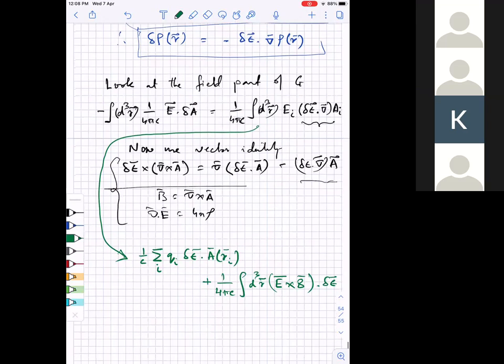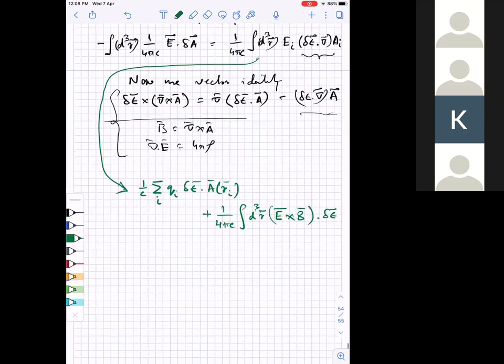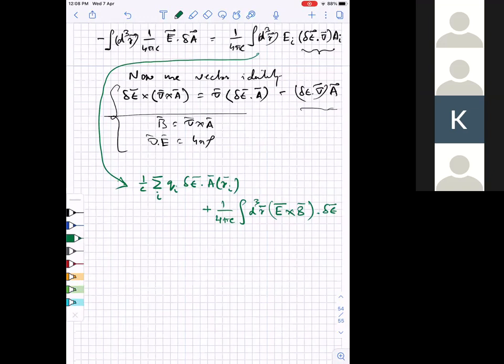So I can write down my G, the generator, as, so I can take these terms together along with the particle term that was there before, and we can now collect the terms to get G in terms of my delta epsilon times some quantity P. Okay.